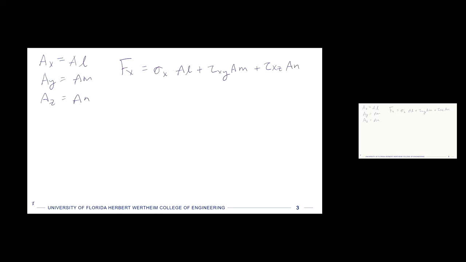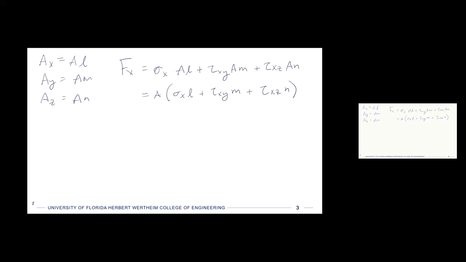And you can see that we could factor out A now. So sigma x L plus tau xy m plus tau xz n, like that.